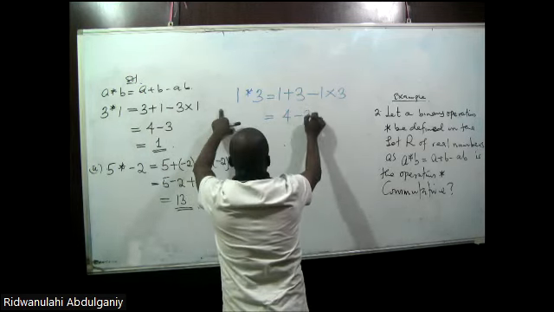Method 2 is to work from the left to the right. So if star is commutative, hence operation star is commutative. That's the conclusion. If operation star is commutative, then we must show that A operation B is same thing as B operation A. How do we show it?